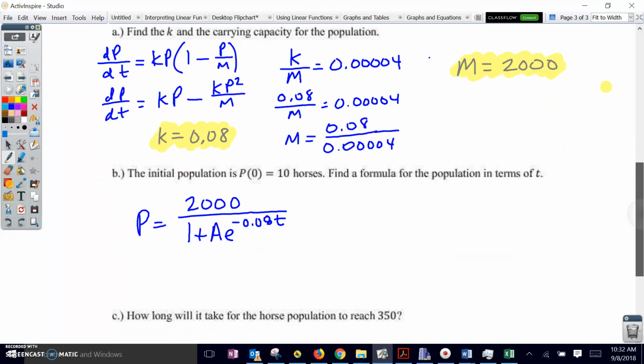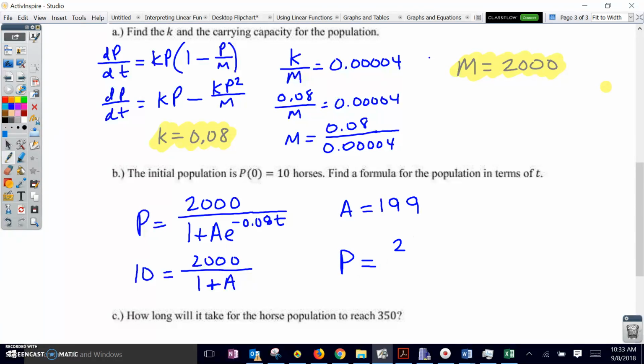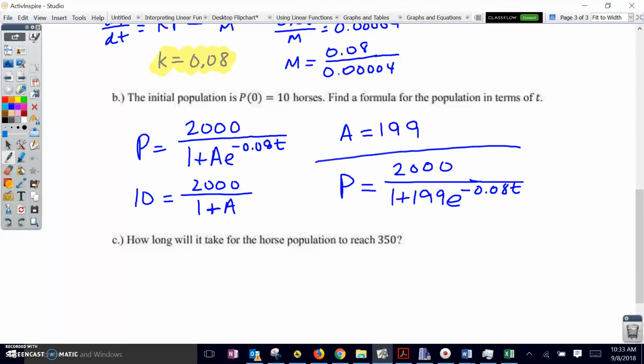And now all we need to do is use the initial population to solve for a. So the population at time 0 is 10. 10 is equal to 2,000 over 1 plus a. So a has to be equal to 199. And so our formula is going to be p equals 2,000 over 1 plus 199 e to the negative 0.08t. And that's going to be our formula.